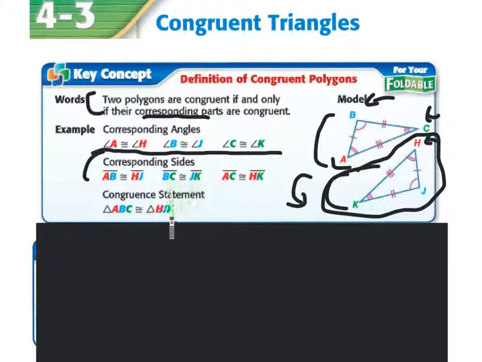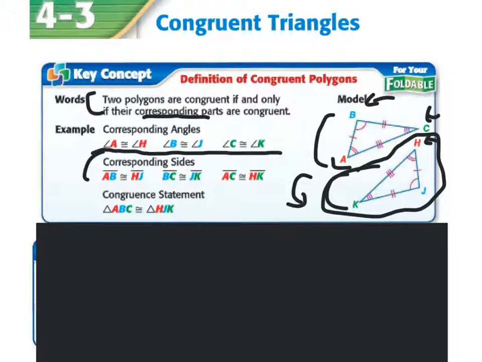And here are your congruent statements for those sides. With your angle measures, we've talked about these arcs being congruent. And then what happens if this was congruent to this side, but it's a different arc length, or a different arc measurement than this one, so then you could put 2 or 3 lines through them like you have here. Now the congruent statement is the final statement, and that just says triangle ABC is congruent to triangle HJK.